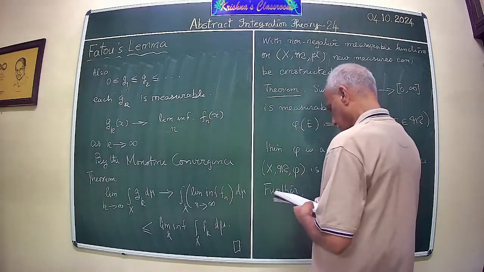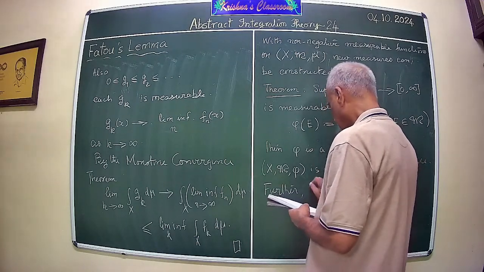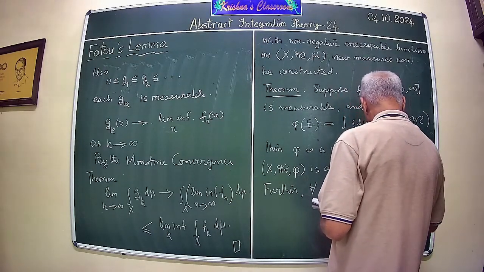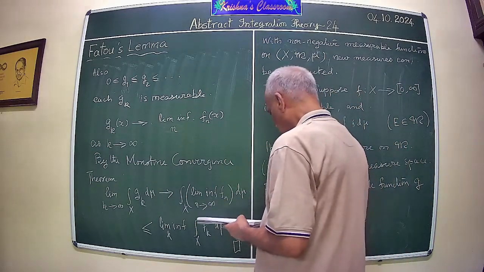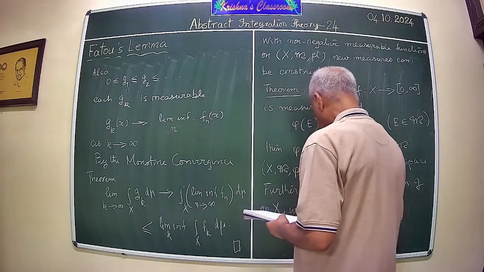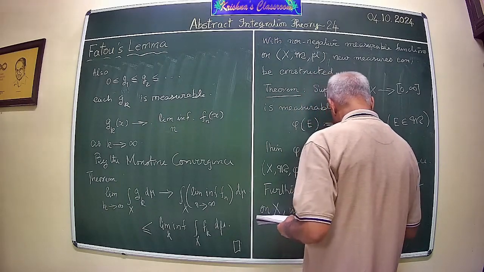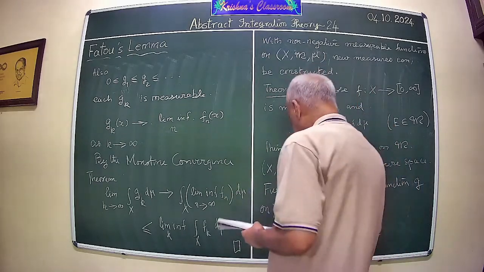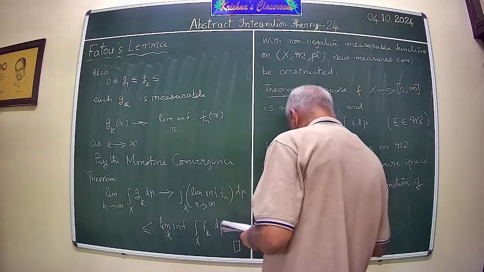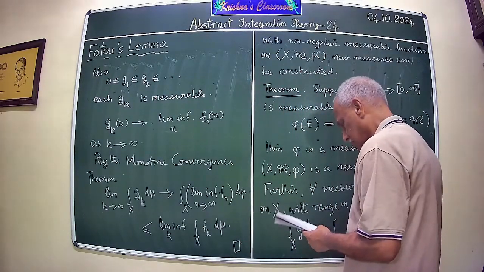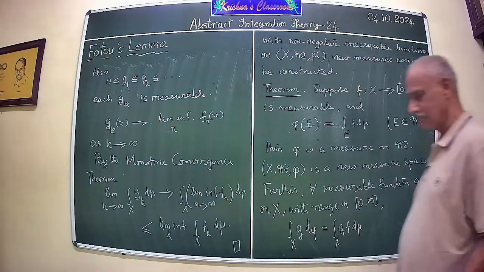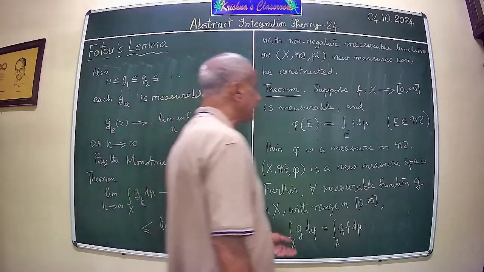Further, x with the range in, integral over x g d phi, equals integral g f d mu. Okay. Now you can see this.